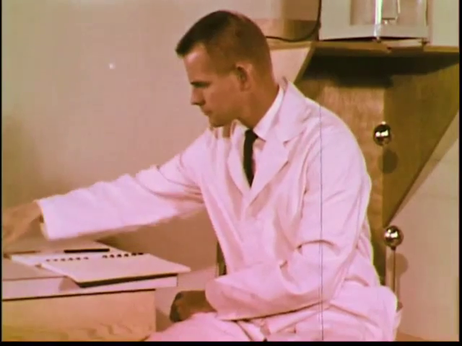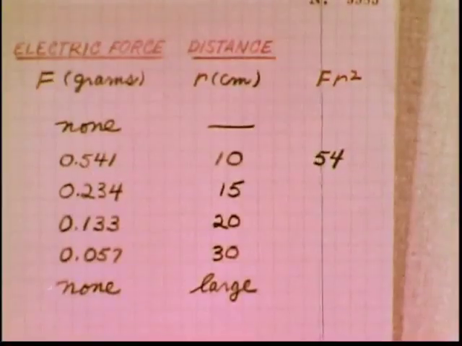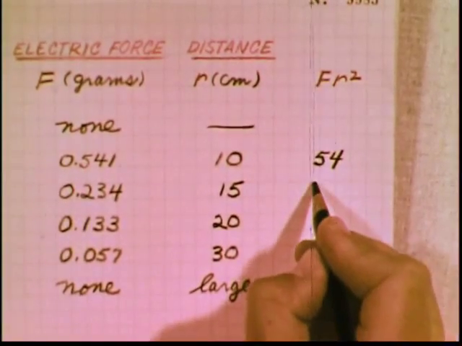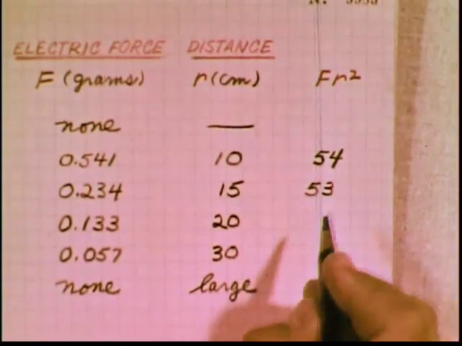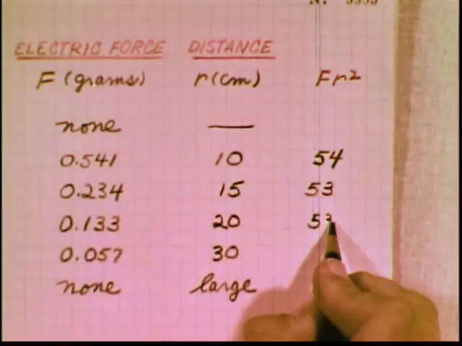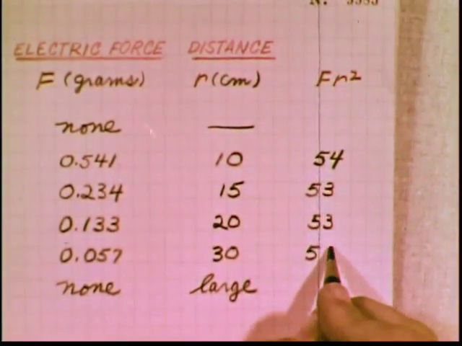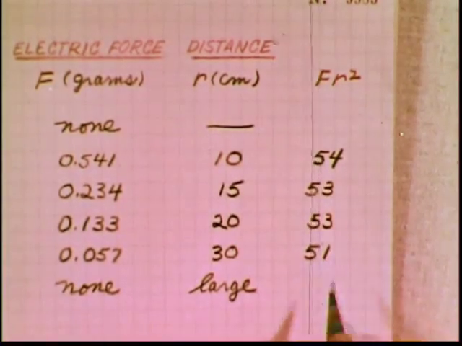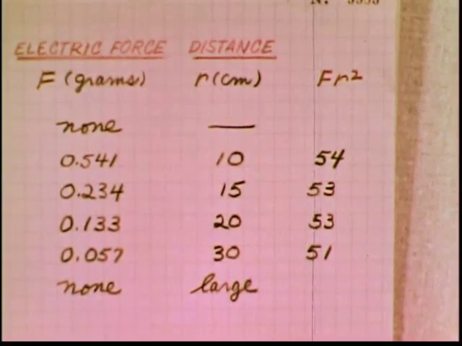In a similar manner, we can calculate the values for the other distances. The results show that the product of force times distance squared is constant within experimental error.